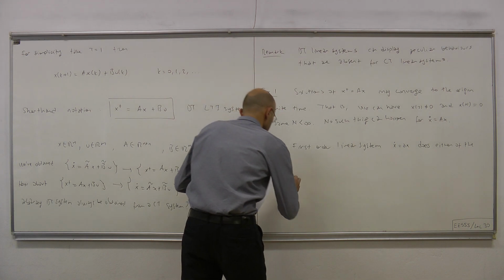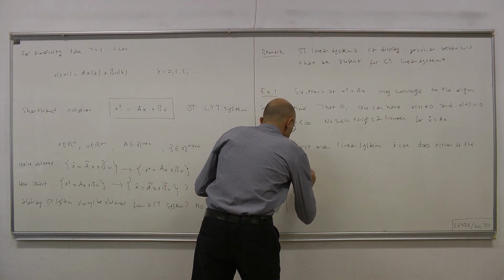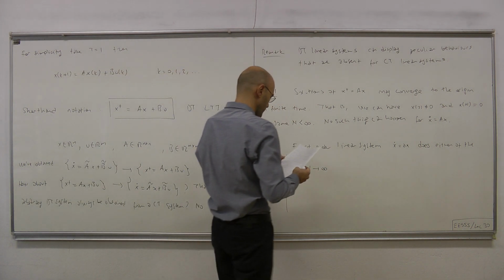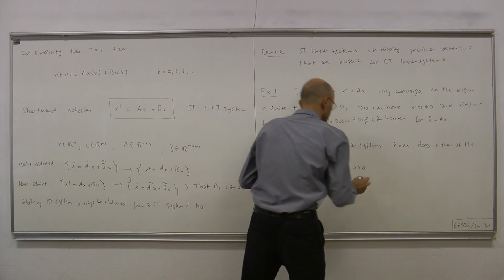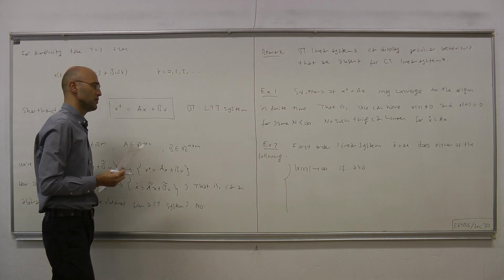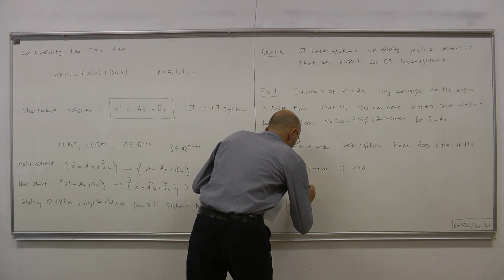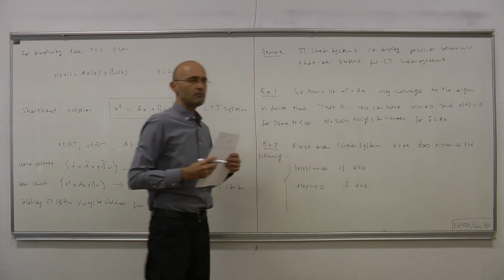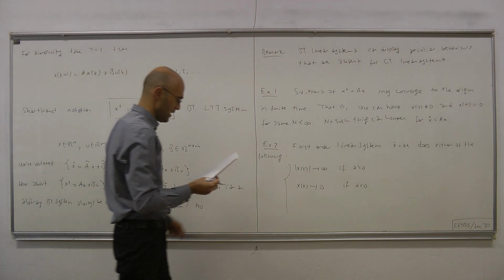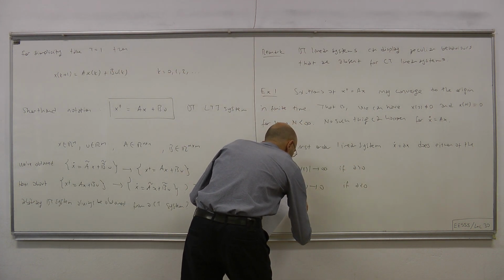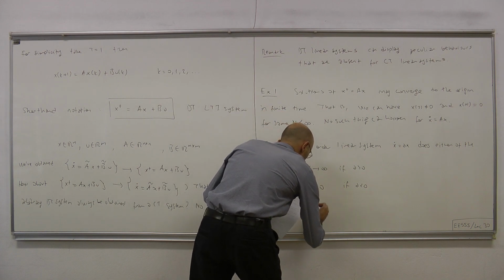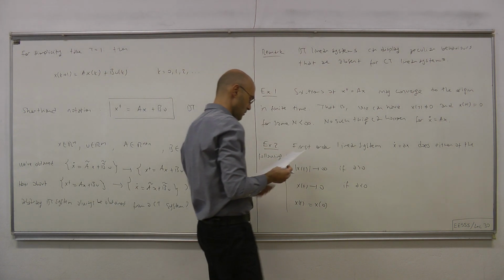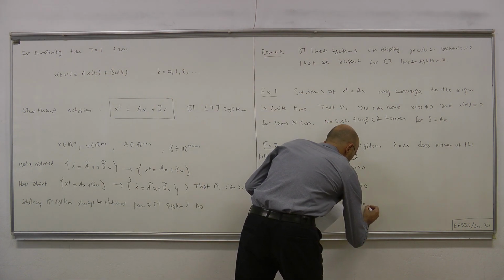So either x of t converges to infinity if a is positive and the initial condition is different from 0, or x of t converges to 0 if a is negative, or x of t equals a constant, the initial state x0, if a equals 0.